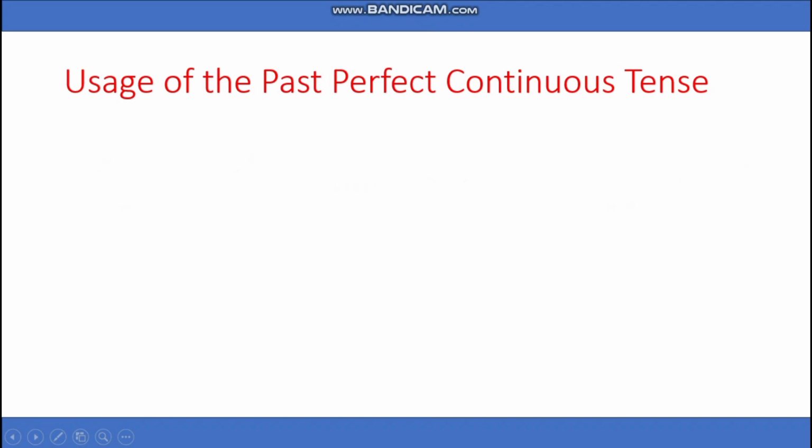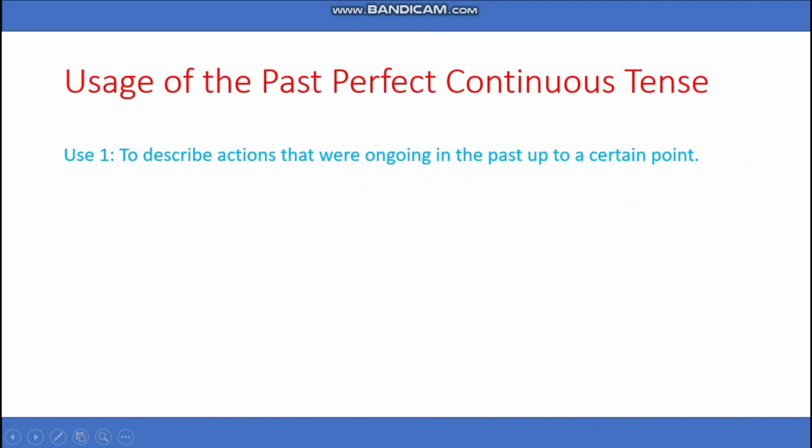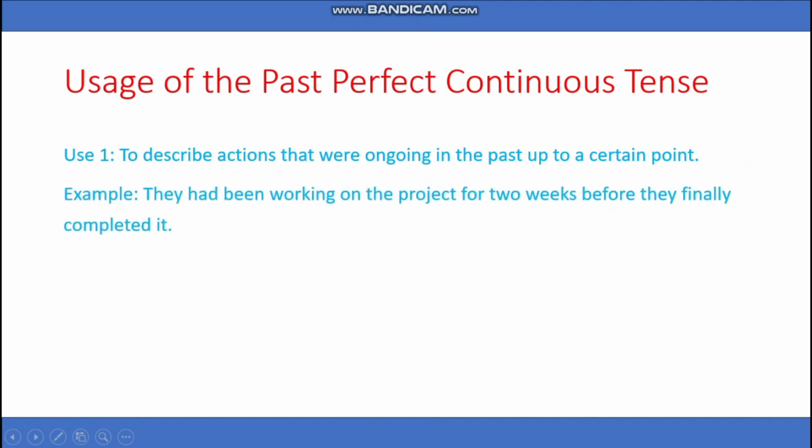Usage of the past perfect continuous tense. Usage is very important, so whatever you haven't understood in the definition, you will learn here. First, to describe actions that were ongoing in the past up to a certain point.